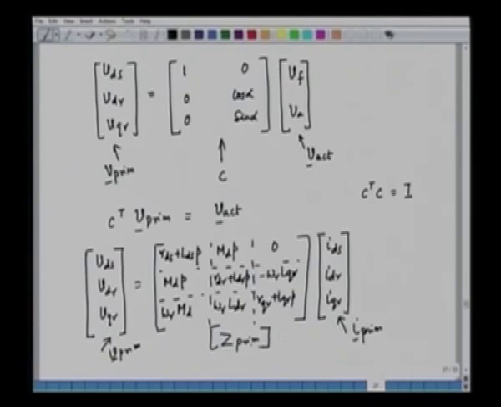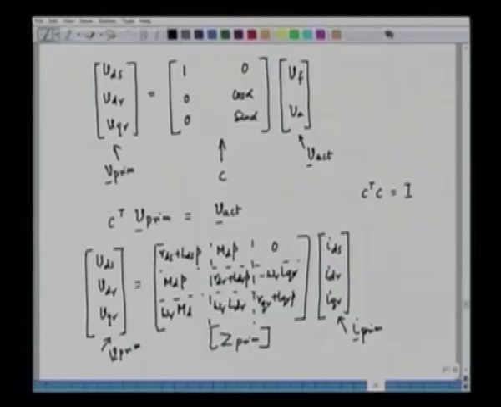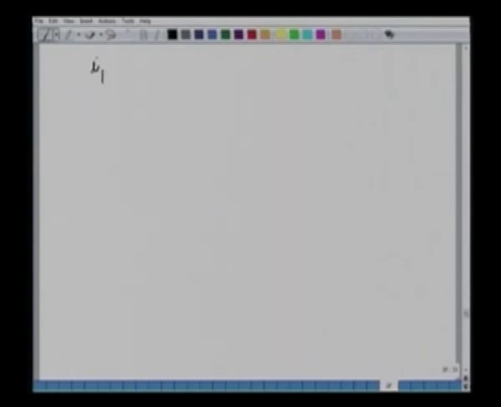Now we want to have the equation in the actual variable, so we have to use the transformation here. So using the transformation, we can transform this primitive equation into the equations of the actual variables. So we have here that I primitive is equal to C into I actual, and C transpose V primitive is equal to V actual.